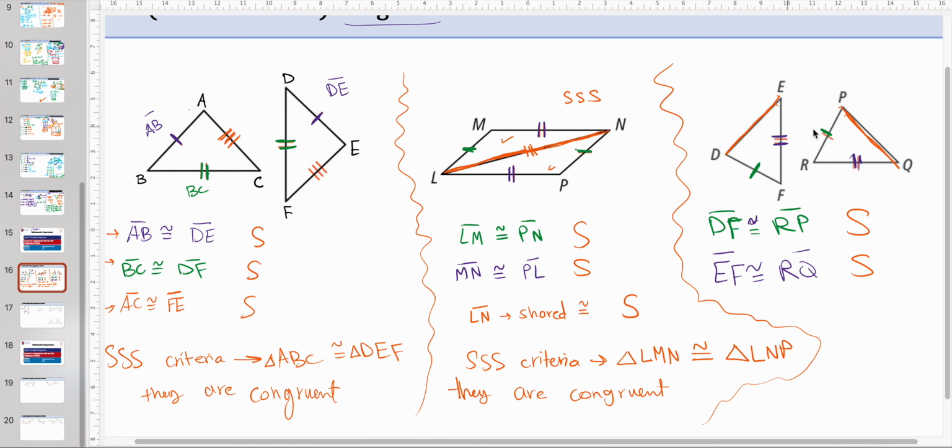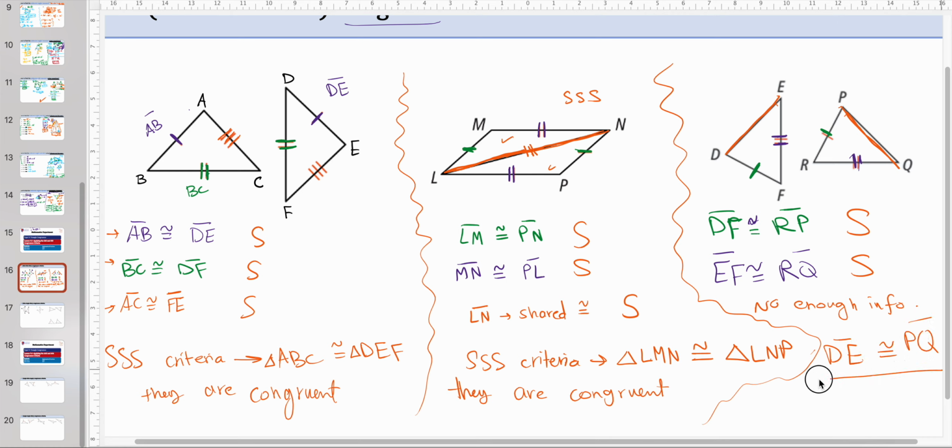Can I say that these two triangles are congruent? No. We don't know if they are, it's not enough to say they are congruent or not. There is not enough information. There's a missing side: DE should be congruent to PQ.